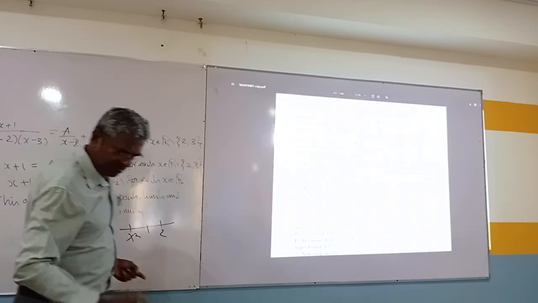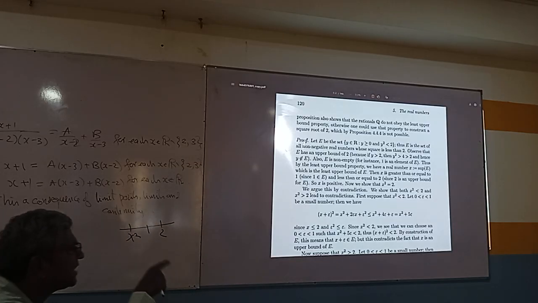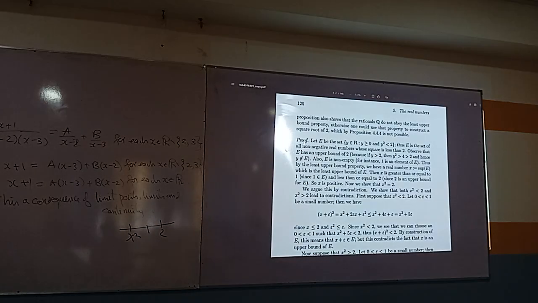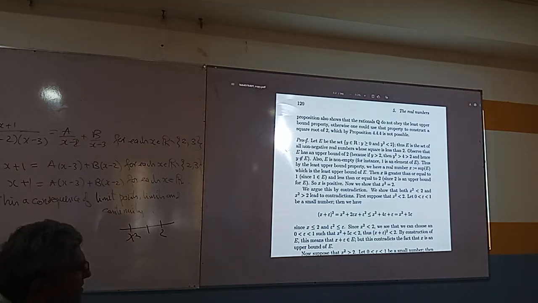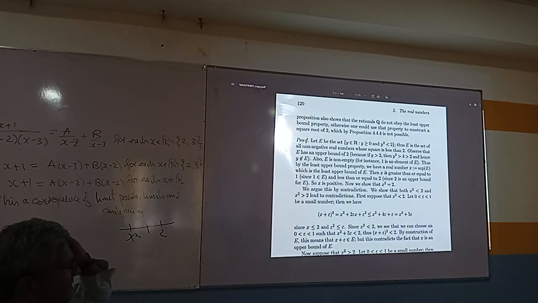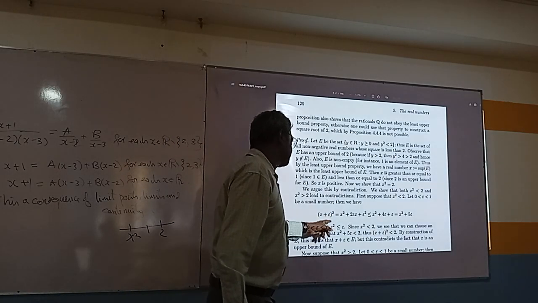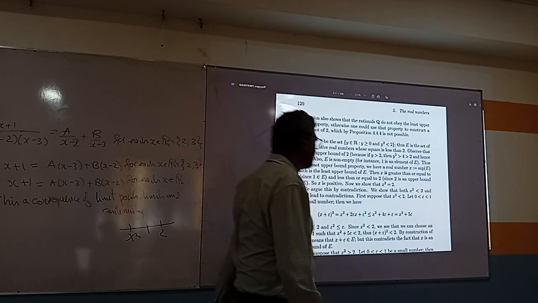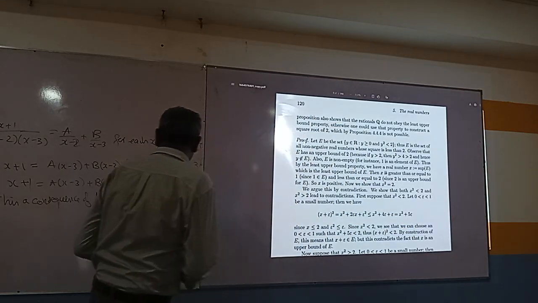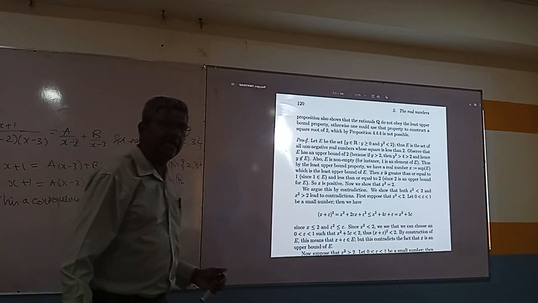I choose a small epsilon, and x squared plus 5 epsilon is also strictly less than 2. That we can do. Thus, x plus epsilon whole thing squared is less than or equal to x squared plus 5 epsilon. If x squared plus 5 epsilon is right here, then it is strictly less than 2, right?